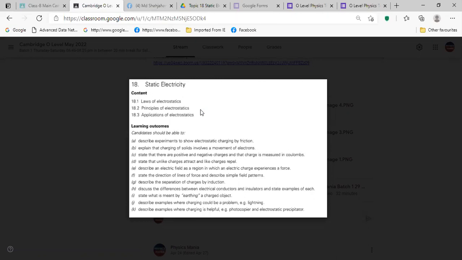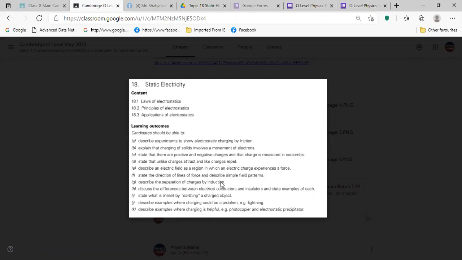That one we also showed, that loss of electrons and gain of electrons, right? Then G, describe the separation of charges by induction.